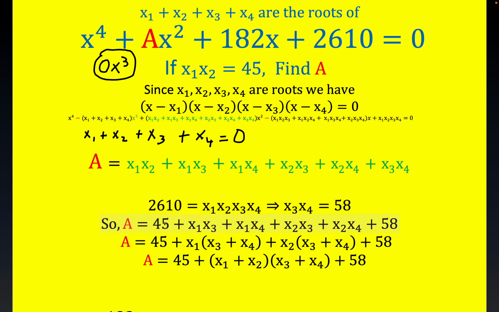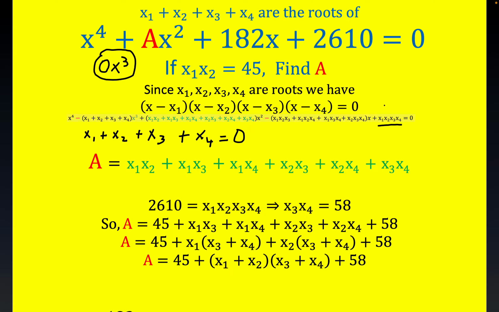And also this statement right here, the 2610, that's the product of all the roots, right? So the 2610 that you see right here is actually equal to this because these are just constants. The minus signs cancel out, and so we get 2610 is equal to the product of all the roots. But notice, along with this given information, that implies that x sub 3 times x sub 4 is 58.